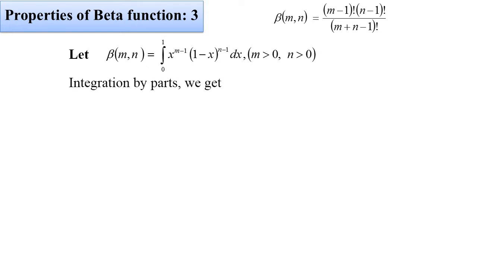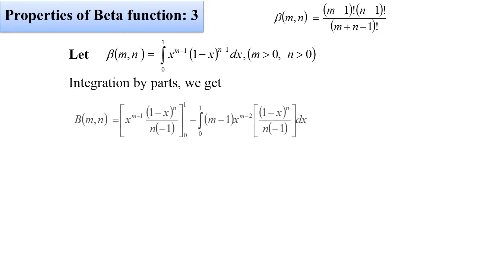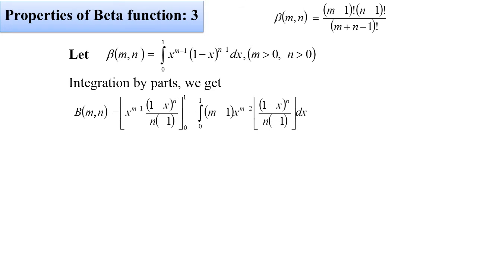Now we integrate by parts. We get beta(m,n) equal to x to the power m minus 1, times 1 minus x to the power n, upon n, with limits 0 to 1, minus the integral from 0 to 1 of (m minus 1) x to the power m minus 2, times 1 minus x to the power n, upon n, dx.